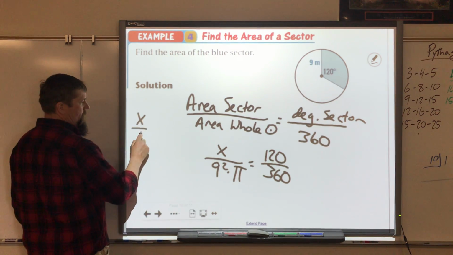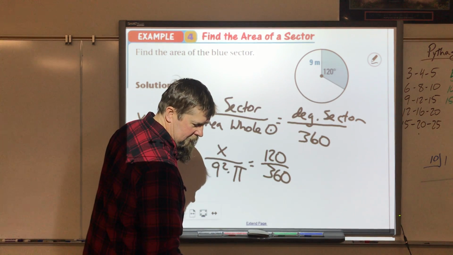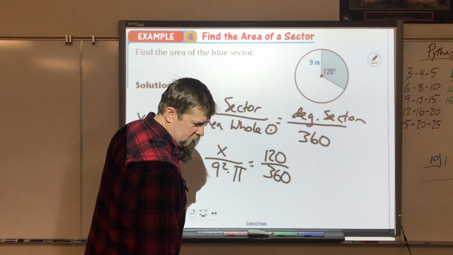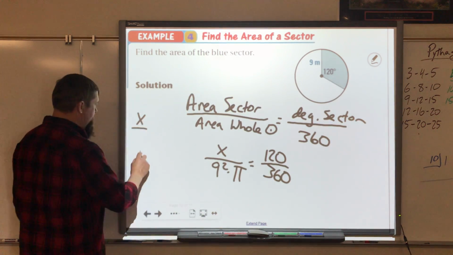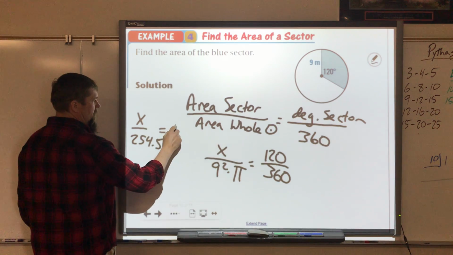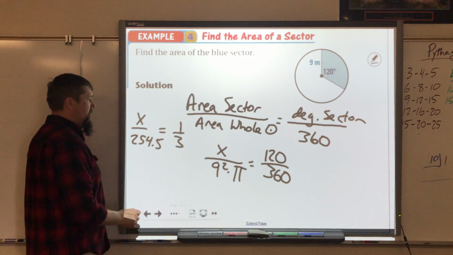So x over 81 pi, which is 254.5, equals 120 over 360, which is the same as 1/3.